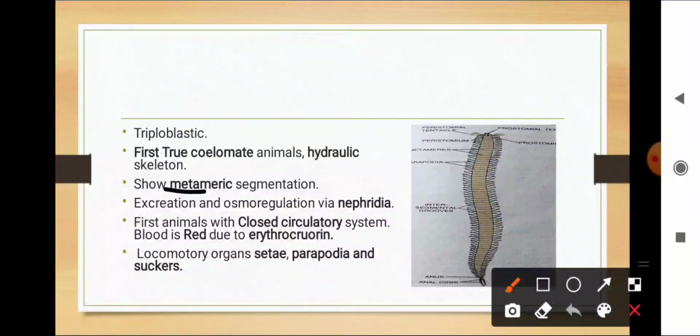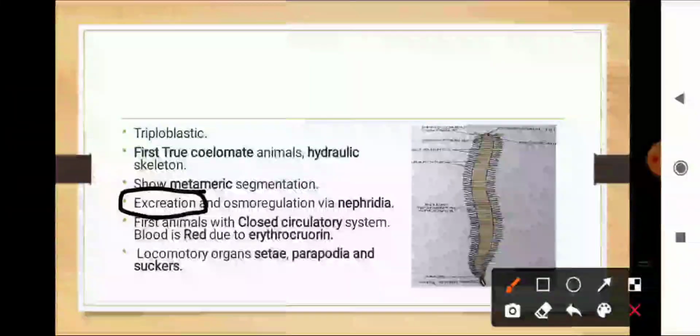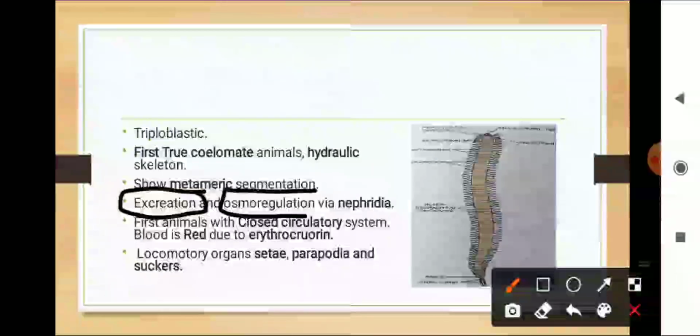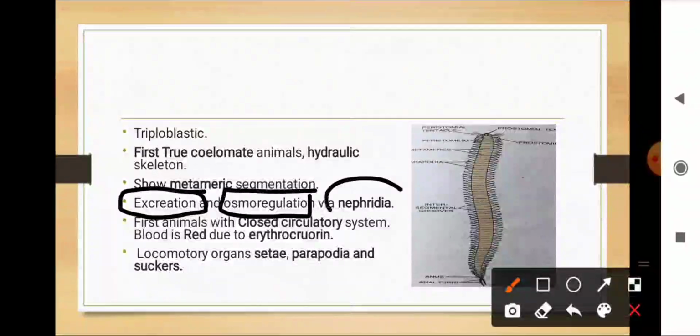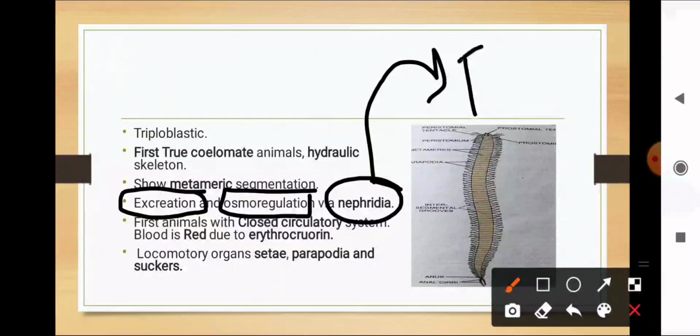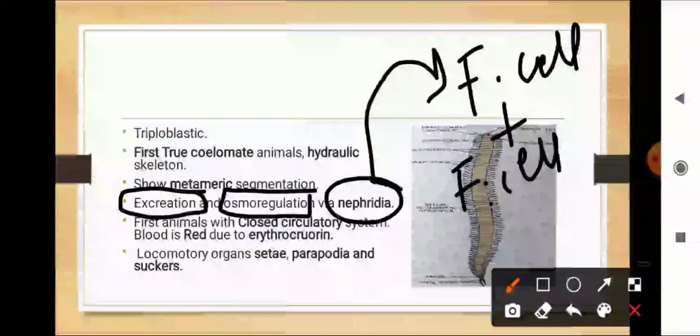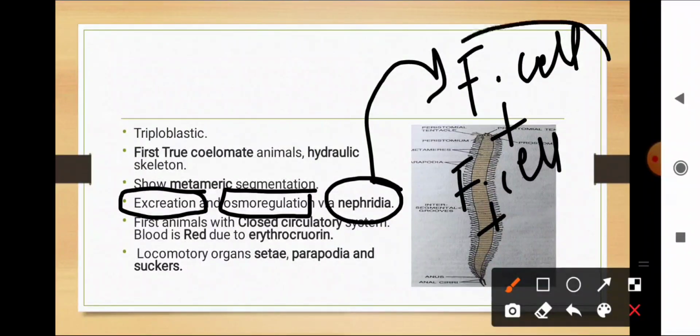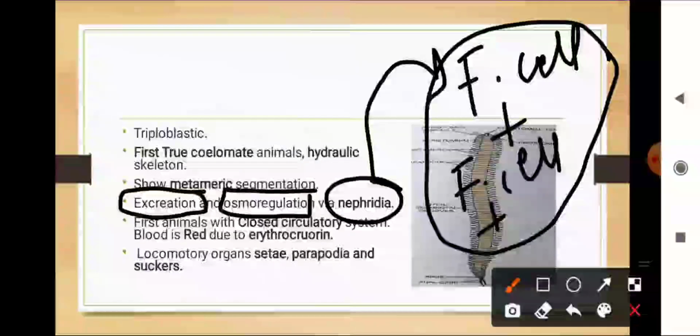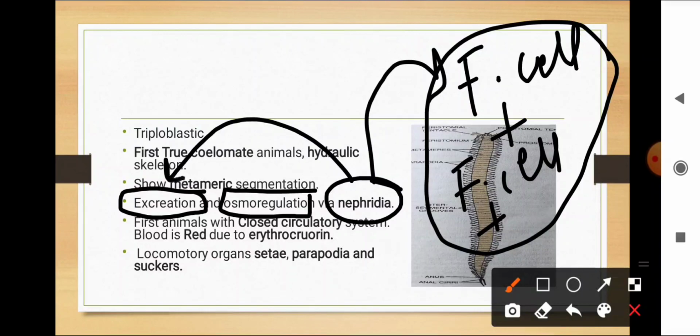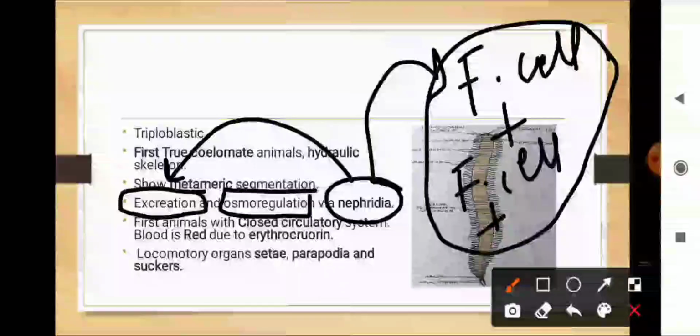excretory organs are present, and osmoregulation also occurs through organs known as nephridia. What is nephridia? It is a combination of many flame cells together, and nephridia work for excretion, that is, a filtration purpose.